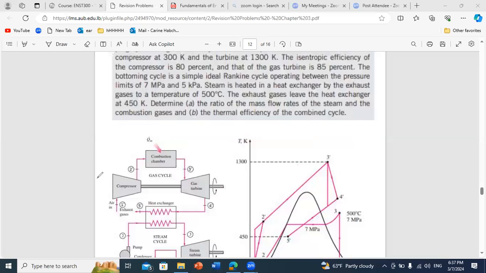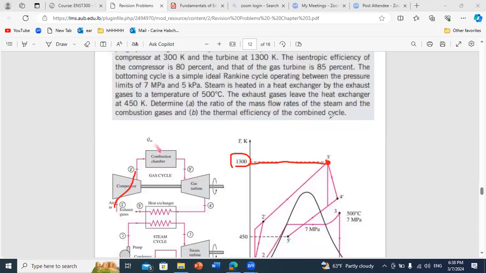First, as we mentioned, between 1 prime and 2 prime, we did the analysis. Then they told us about state 3. They gave us the temperature. And as we noticed for a gas, if you know the temperature, you can directly read the value of enthalpy.